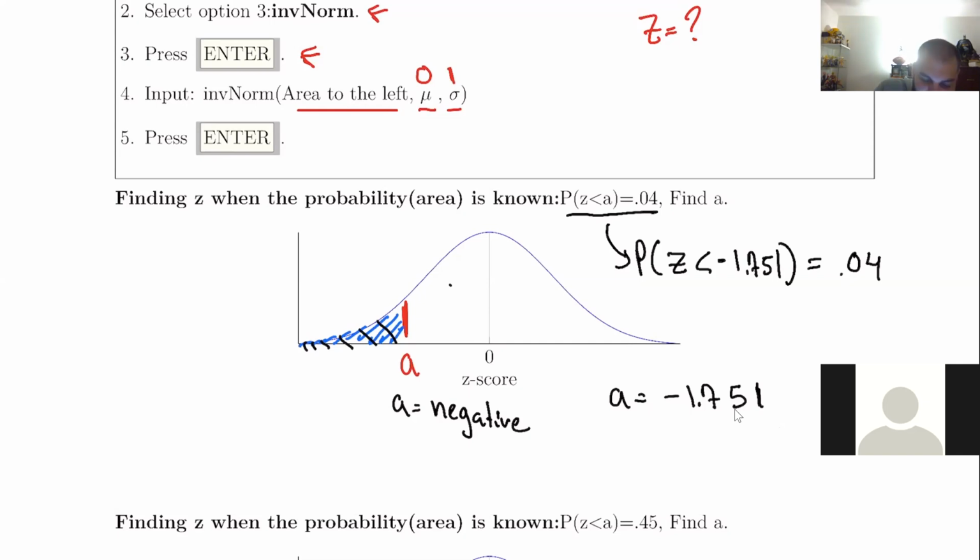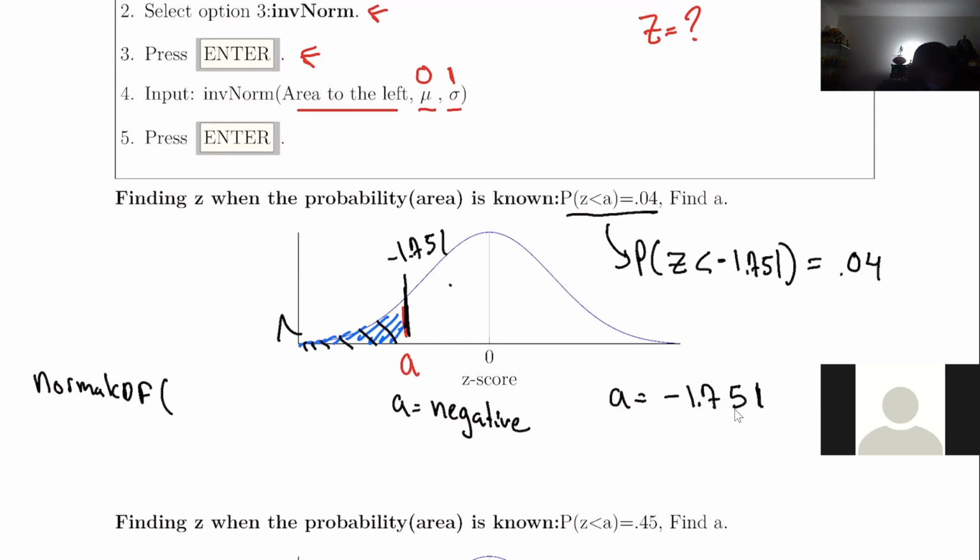Also, it is possible to double check your answer. To check that the z-score corresponds to that probability, we can do what we did in the last section, which is use the normal CDF.